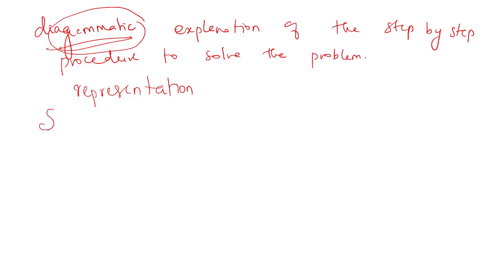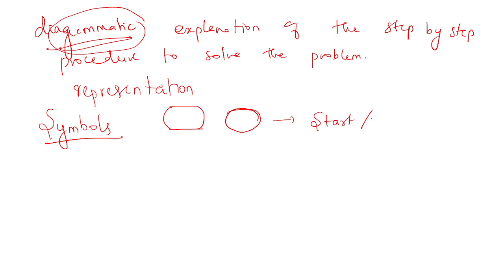We have different symbols in a flowchart. First and foremost, we should understand the different symbols. A hexagon, a rounded rectangle, or an oval kind of symbol is used to represent the start as well as the end of the procedure or the algorithm. To signify the start and end, you can use an oval or rounded rectangle shape.